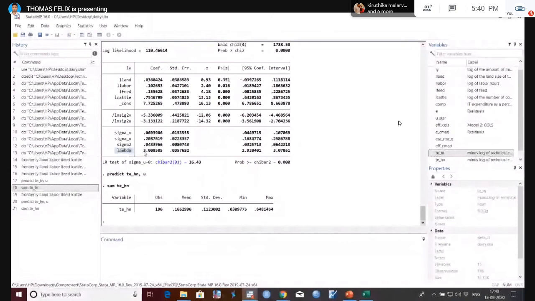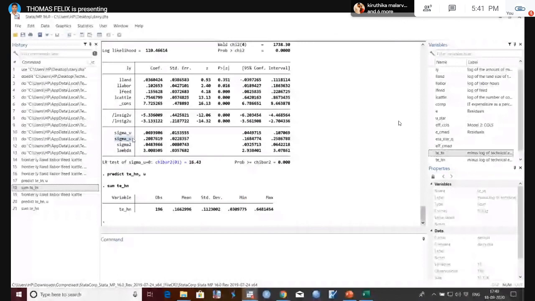Here you can get two different types of error. One is the error due to V, which is random error. Another is the error due to the inefficiency term. So if the lambda value is less than 1, your model does not contain any inefficiency error. The change in the yield happens because of random errors, not because of inefficiency error. That is the meaning when you get a lambda value less than 1.